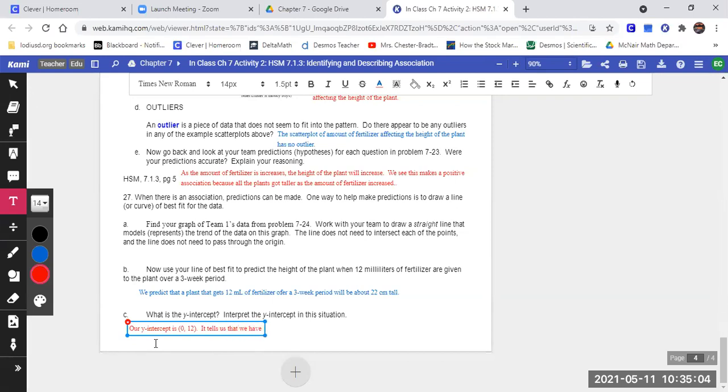If it's 0, 12, no fertilizer, and a plant that is how tall? 12 centimeters. So we didn't start with a seed. We started with a plant.